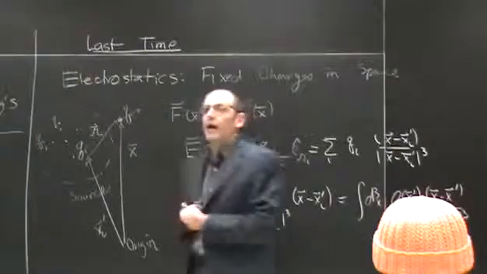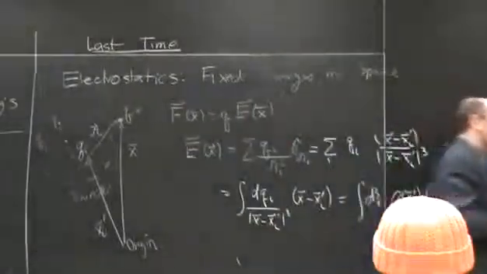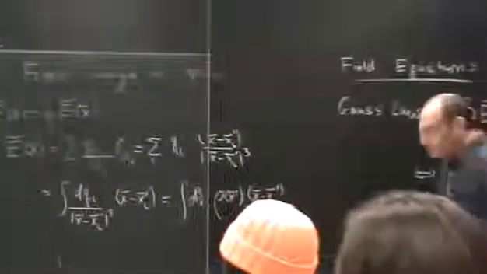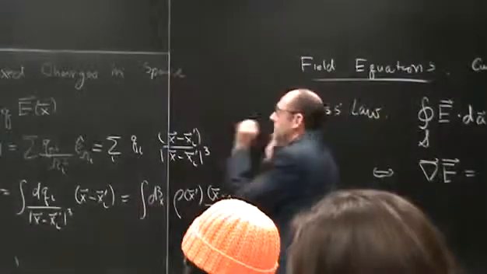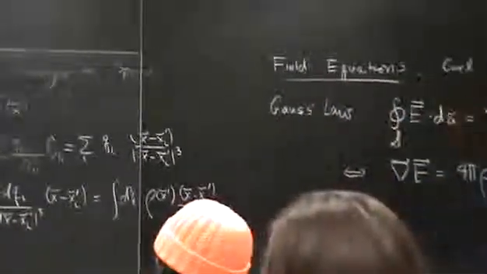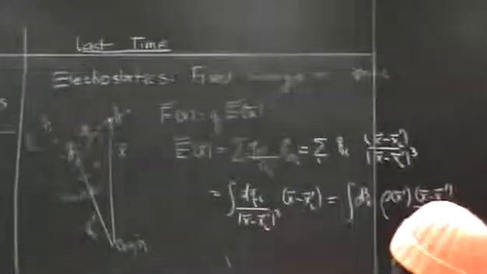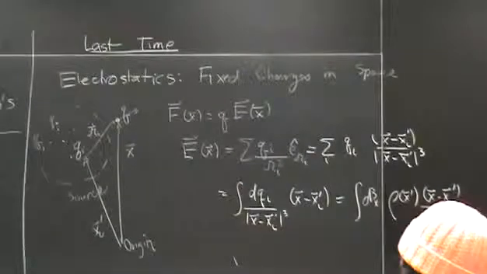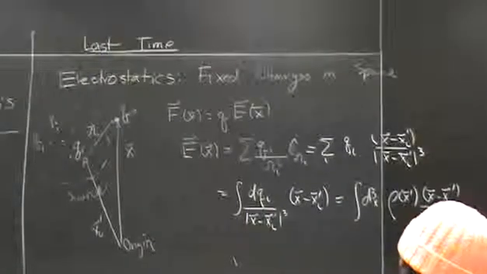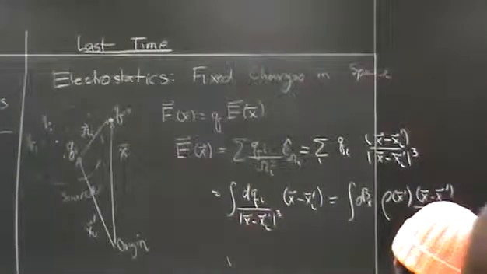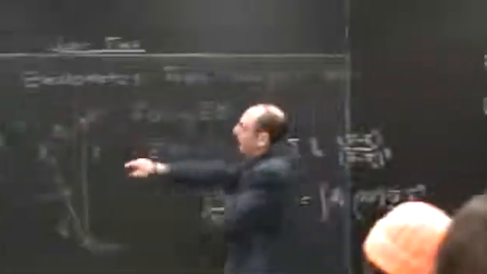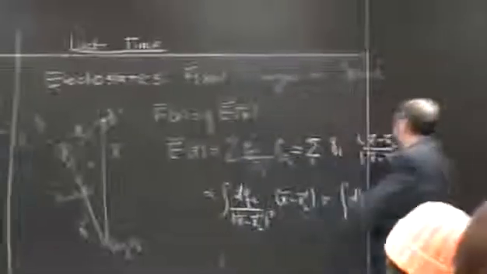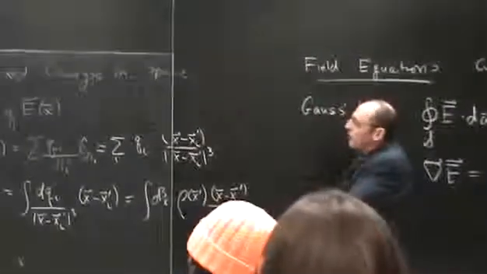Okie dokie. So last time we were laying down these foundations for electrostatics. This is looking at the problem when we have charges that are fixed in space, and Coulomb's law is the foundation there. From that, we define the electric field in electrostatics in terms of the source from all the individual charges producing the 1 over r squared central force.